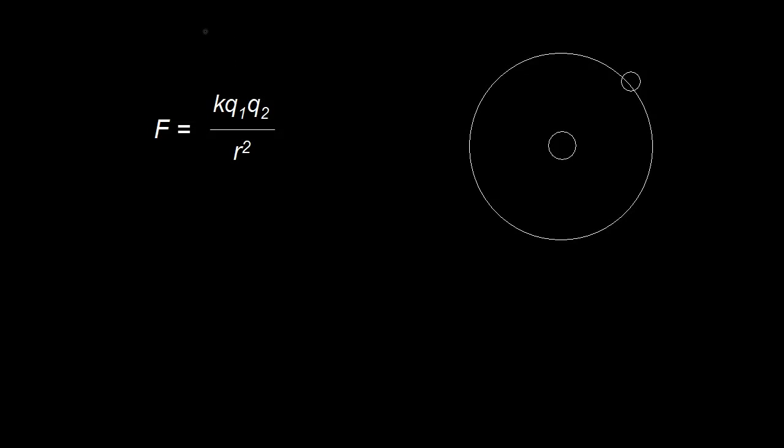And first, we're going to try to find the kinetic energy of the electron. And we know that kinetic energy is equal to 1/2 mv squared, where m is the mass of the electron and v is the velocity. So if our electron is orbiting our nucleus, this is our electron, a negative charge, the velocity vector would be tangent at this point.